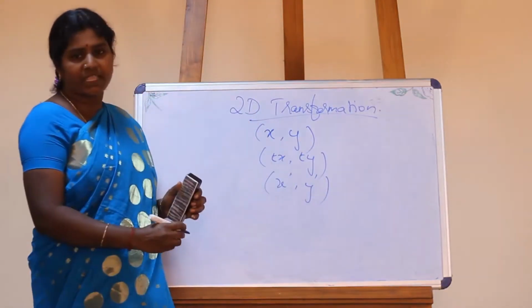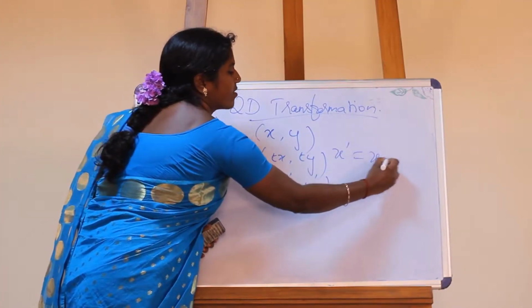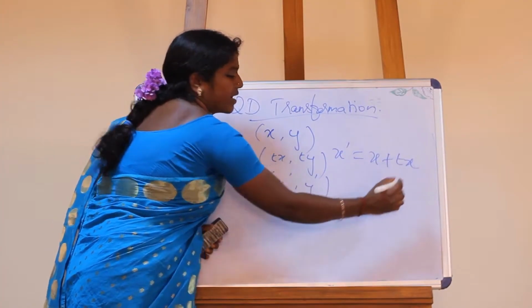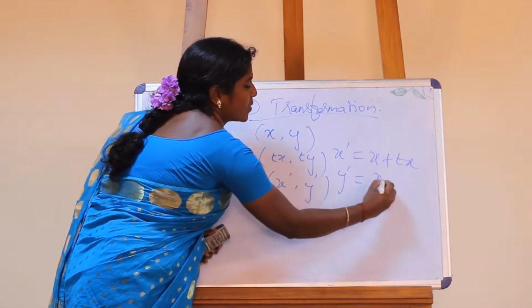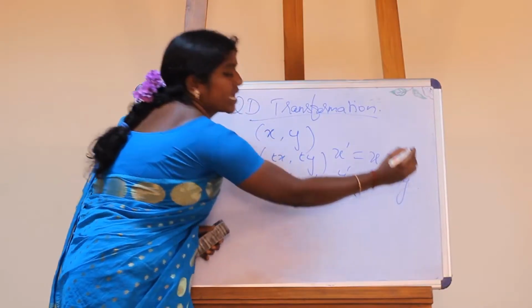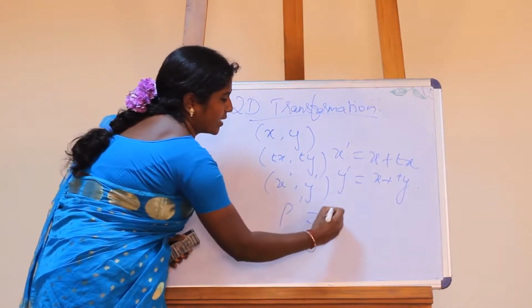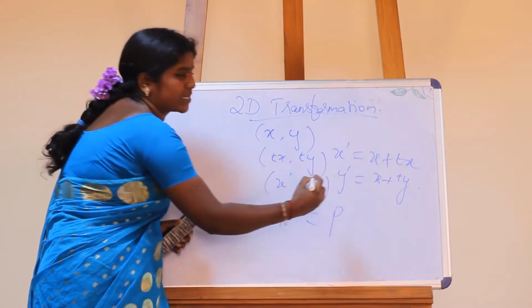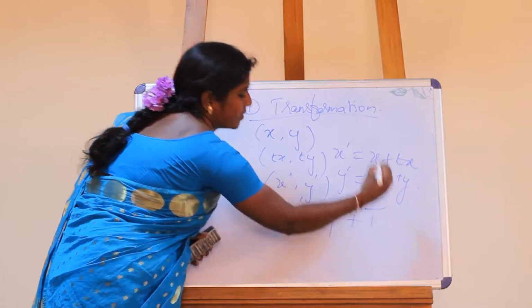Solving the equations, x dash equals x plus tx, the translation distance added to the original position, then y dash equals y plus ty. The general form of the translation is p dash equals p plus t, where p is the original position and t is the translation distance.